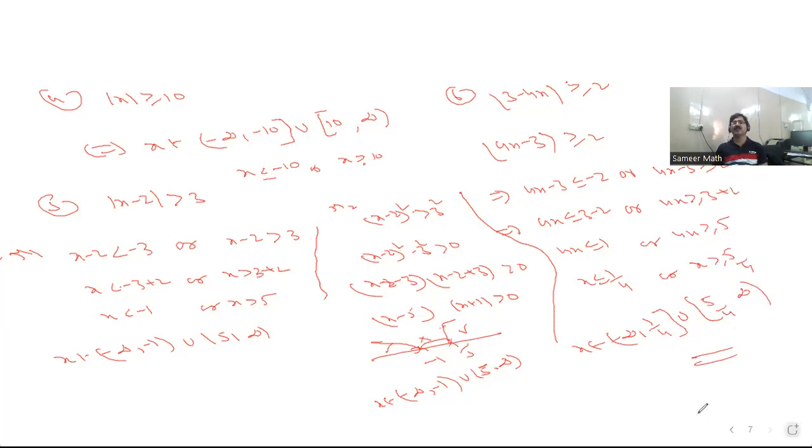Six examples I have given here. Now I would like to take the 7th example. Suppose I give you x square minus x minus 6 modulus greater than 0. What is going to happen? The inside should not be 0. That is more important. What you have learned: mod x greater than 0 means x is not equal to 0. So x square minus x minus 6 is not equal to 0.